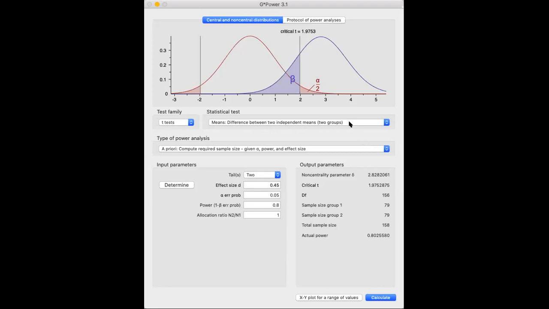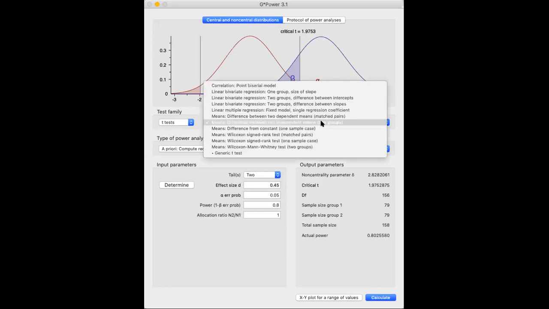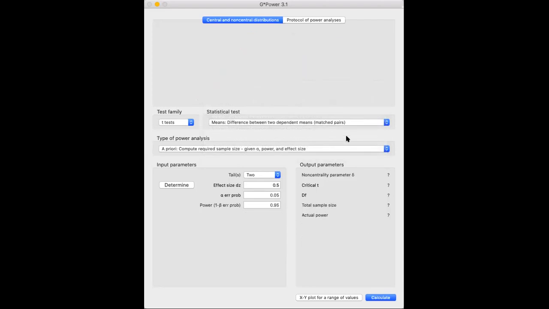If you want to play more with it, you can look at the difference between two dependent means, which is matched pairs. That means you have a within-subject design: instead of randomly assigning participants into two different experimental groups, you have participants going through both experimental conditions. Imagine a study where the noise level affects fatigue. You can have participants go through both a high noise level and later a lower noise level, and measure fatigue in both conditions.